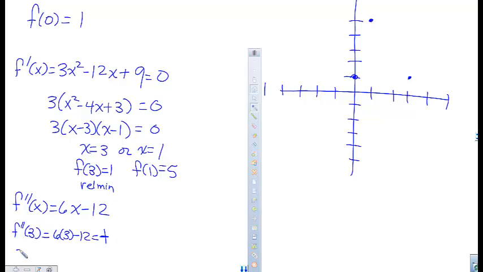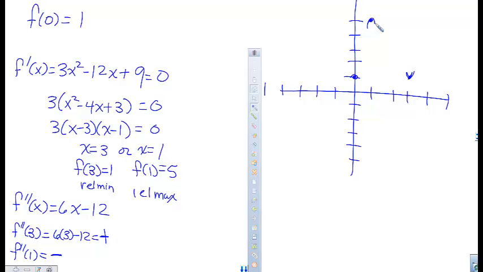If I look at f double prime of 1, 6 times 1 is 6 minus 12, which gives us negative. So it's concave down, which means we have a relative max. So at (3, 1) we have a relative min, and at (1, 5) a relative max.